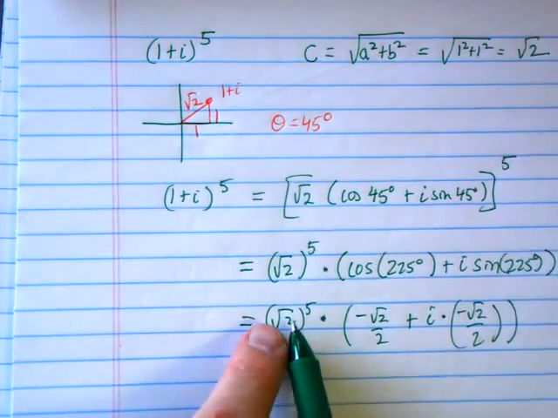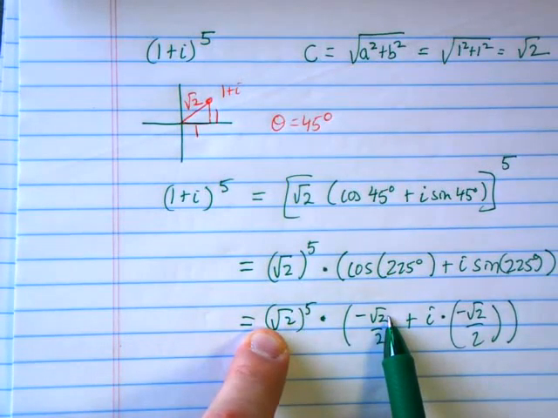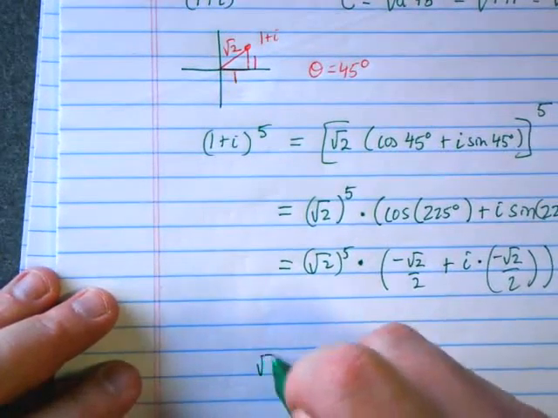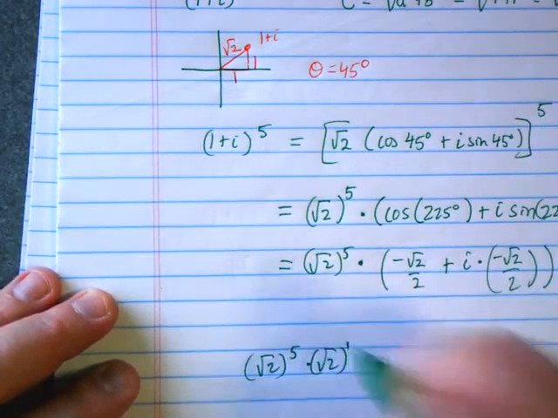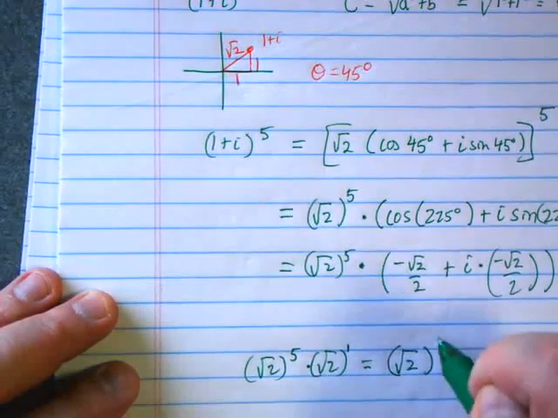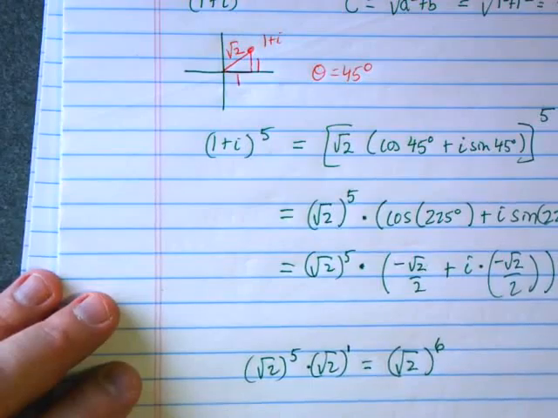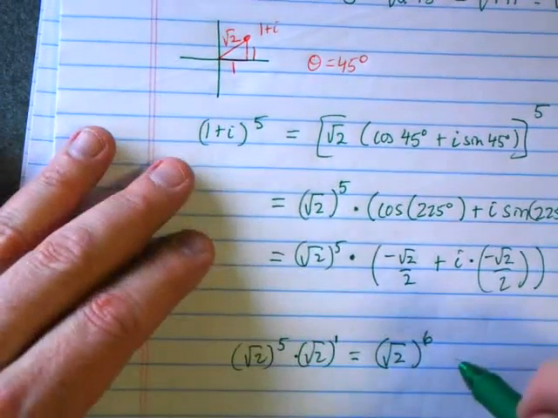What's the square root of 2 to the 5th times the square root of 2? 2. Not 2. Not 1 either. Not negative 2. Square root of 2 to the 5th times square root of 2 to the 1st. I would add my exponents. That's square root of 2 to the 6th. Not 2 to the 5th, but you're close.